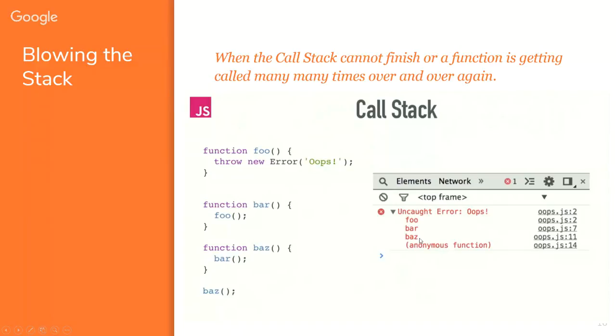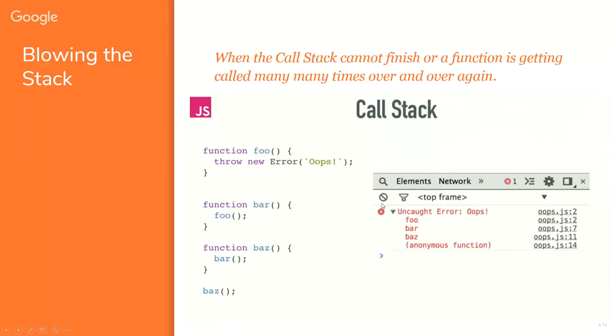So firstly, we have the baz function called, then baz calls the bar function, and that bar function gets put on top of baz, which calls the foo function, and now this function is running, and it gets put onto the call stack, and in the foo function, we throw a new error.